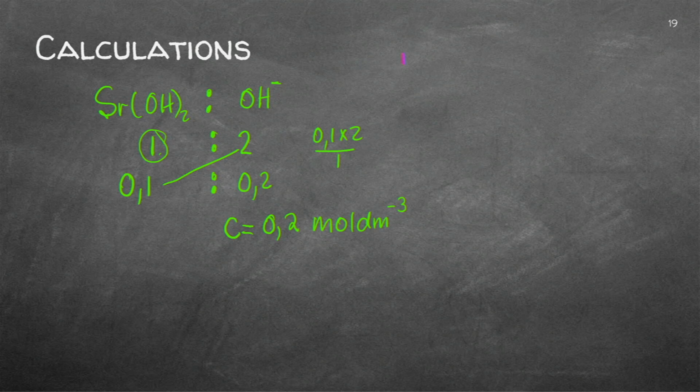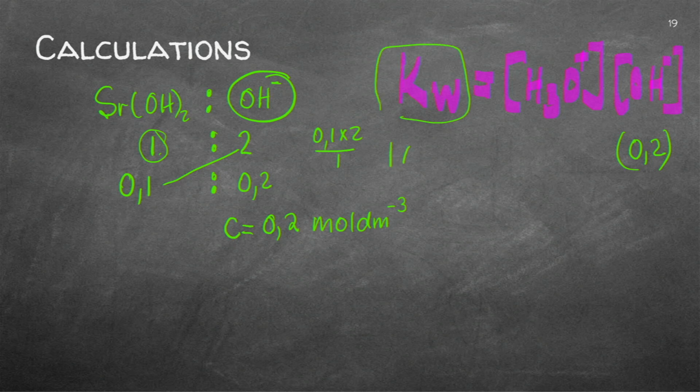It's the one where I've got the Kw, the constant of water, and it gives me the hydronium times the hydroxide. What do I have? Have a look at this. I've got the hydroxide. That I have. It's 0.2. What do I always have? I've got the value of the constant.